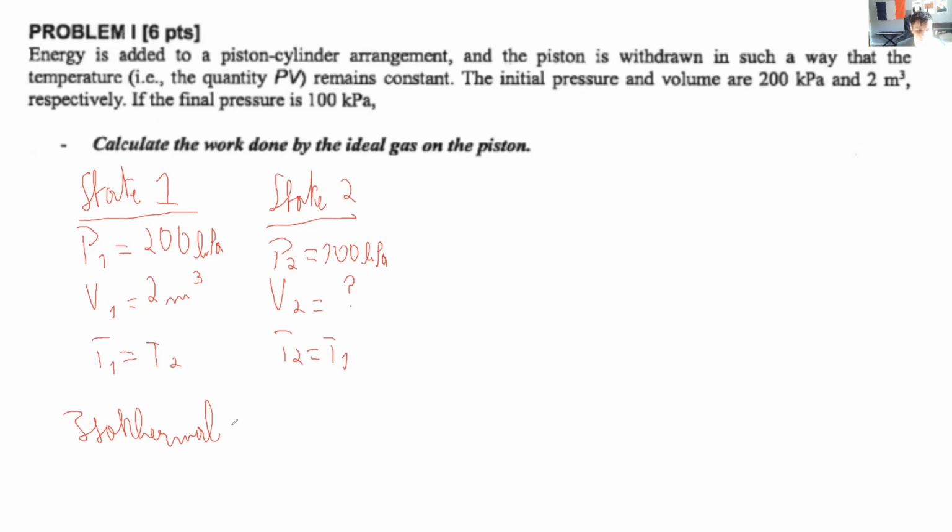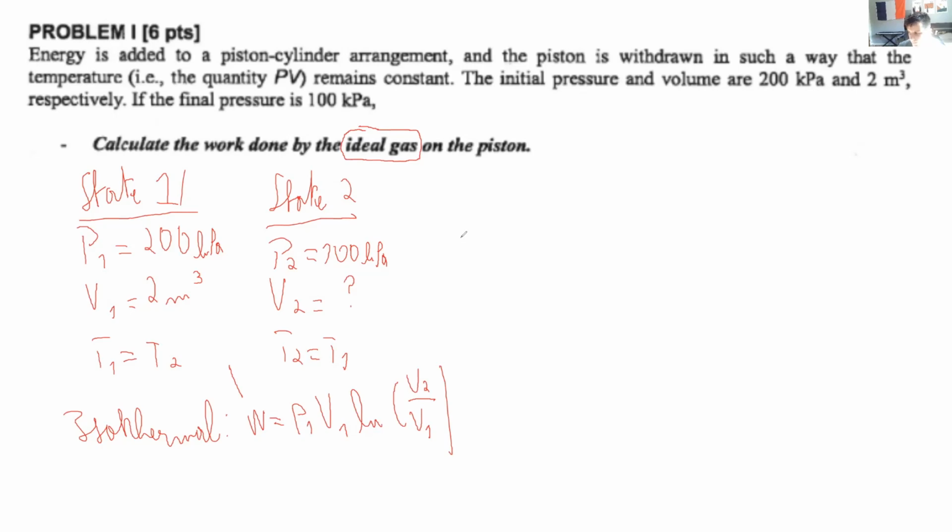So just to recap, isothermal work is P1 V1 ln of V2 over V1. Now in this case, we don't know V2, but we're given the hint that we are in an ideal gas.